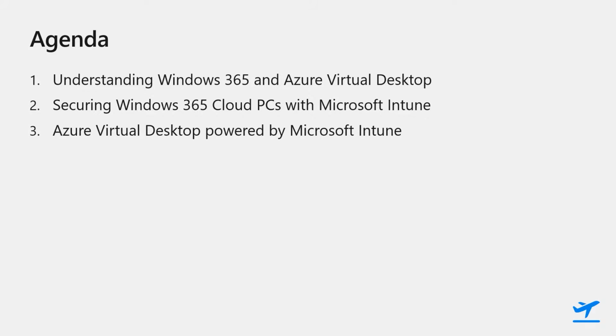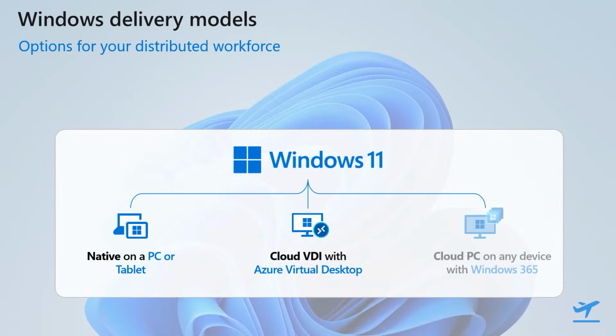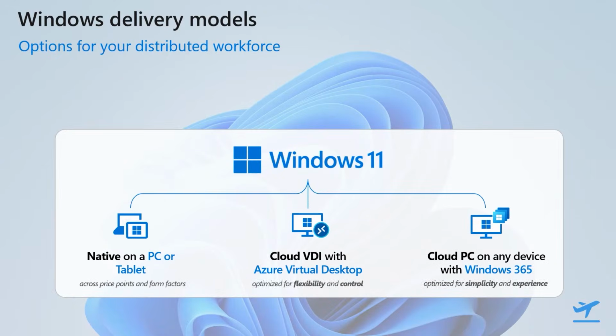Let's start with how we think about each product. Windows is a critical foundation for our partners, customers, and business. Whether it is natively installed on modern hardware or delivered from the cloud with Azure Virtual Desktop or Windows 365 Cloud PCs, it is key to enabling productivity and collaboration.